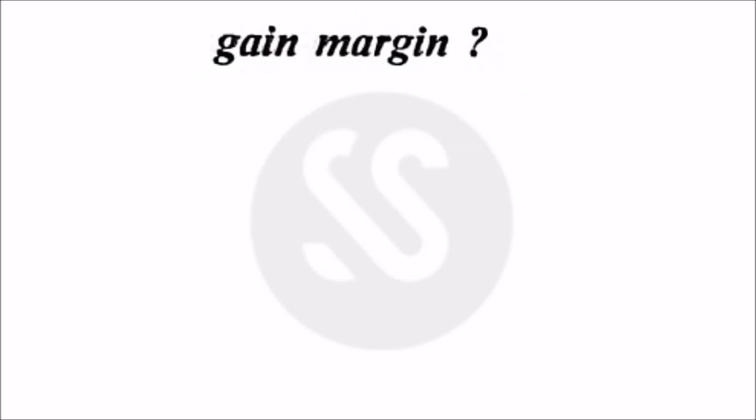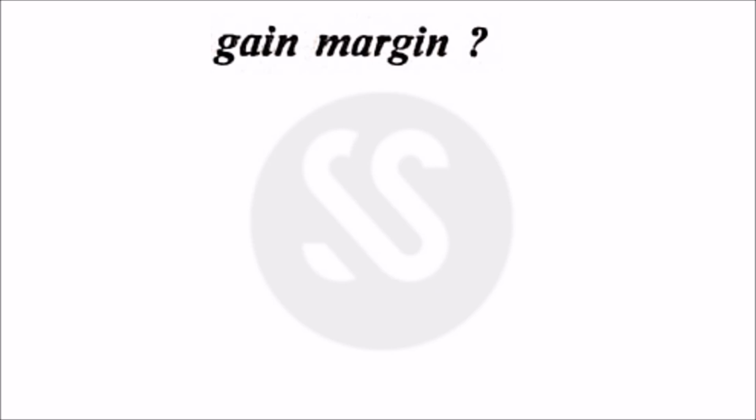So these things are important: the corner frequency, the gain crossover frequency and the phase crossover frequency. From these two crossover frequencies, we also get two more terms called gain margin and phase margin, right?